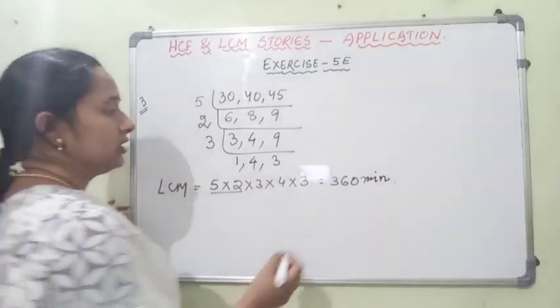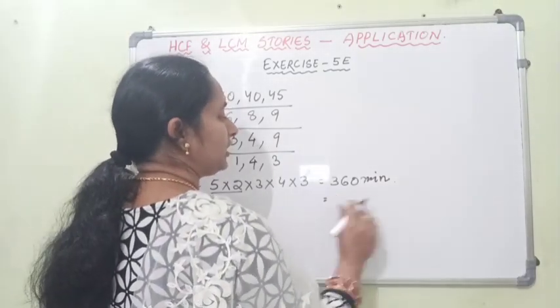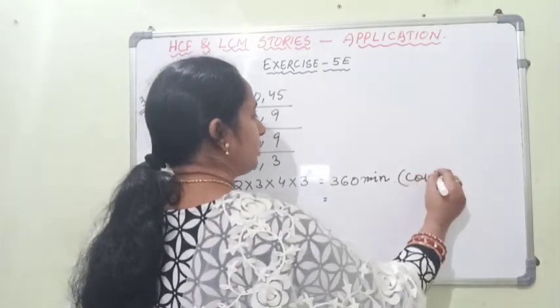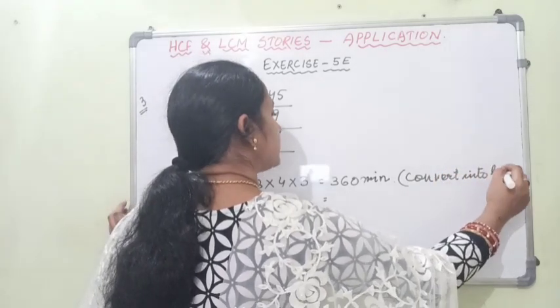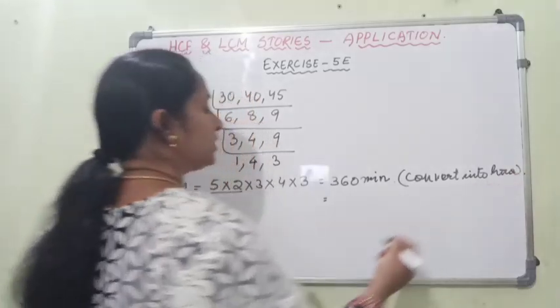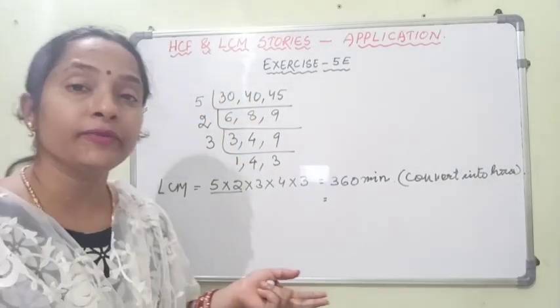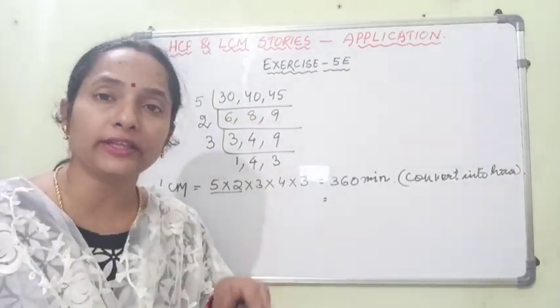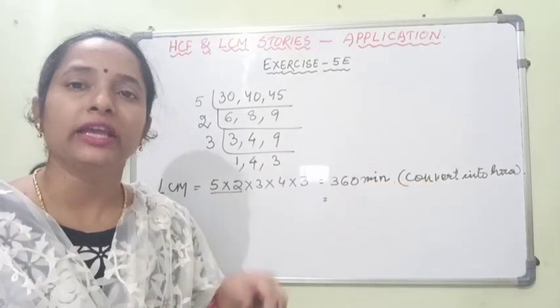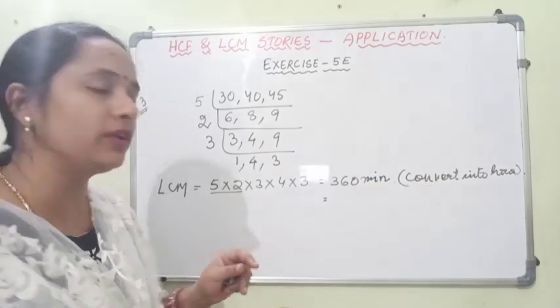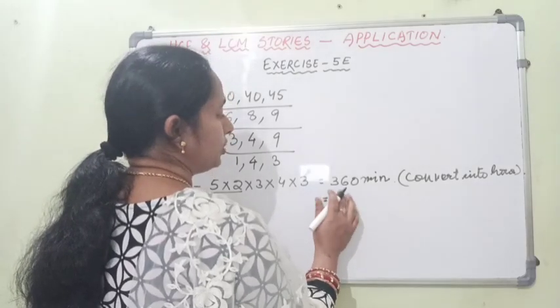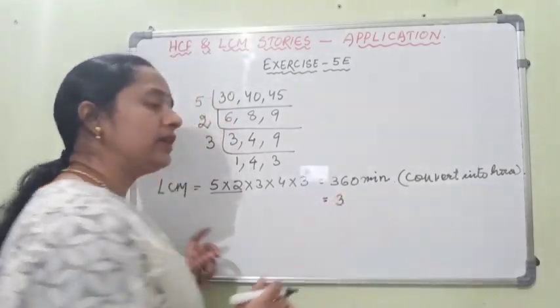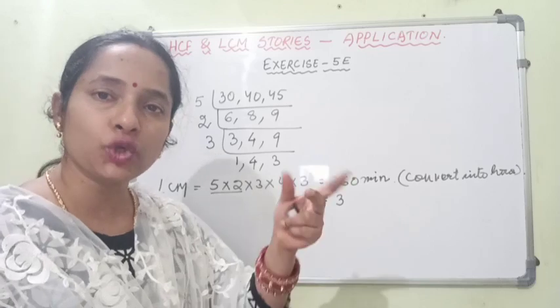Now tell me, if I convert 360 minutes into hours. You convert into hours, because we cannot say that all the bells will ring together after 360 minutes. Let us convert into hours, then it will be very comfortable to write down and tell the time. How can we convert minutes to hours?